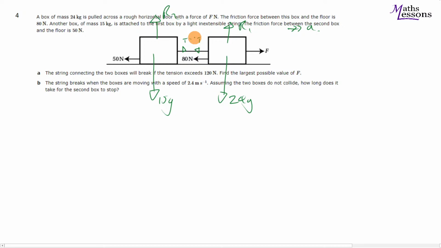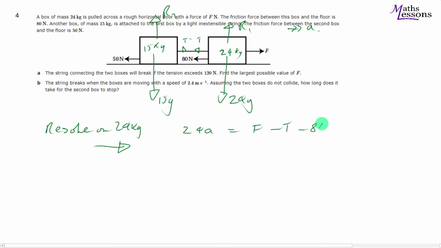So if we resolve on the 24 kg first, we've got 15 kg. We're not sure what to do here, so we're going to resolve on the 24 kg, and we'll resolve in that direction. So we've got ma, so 24a will equal F here minus the tension minus 80.